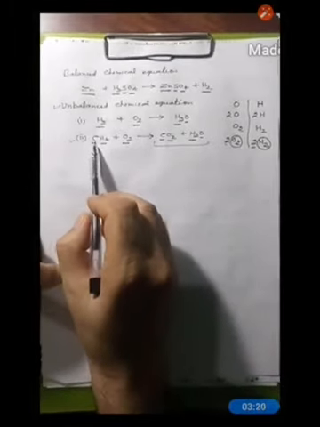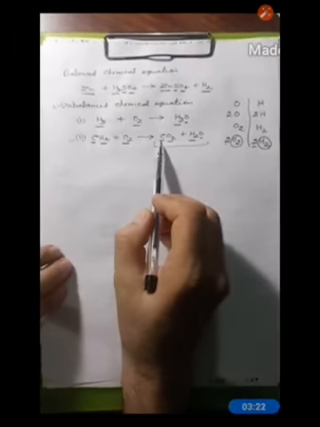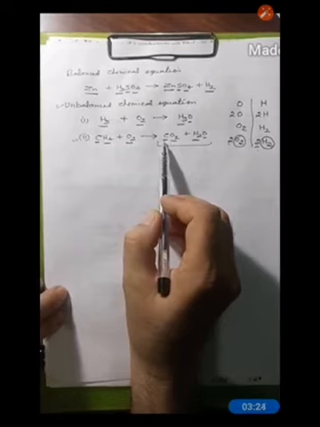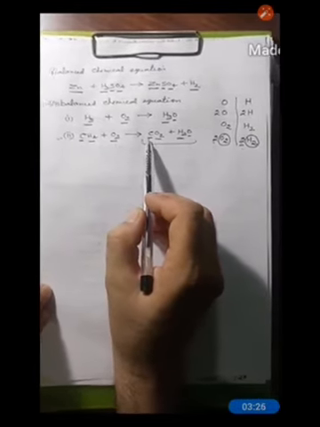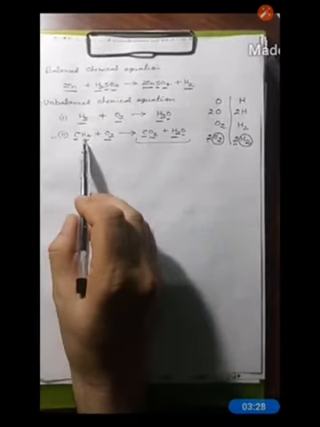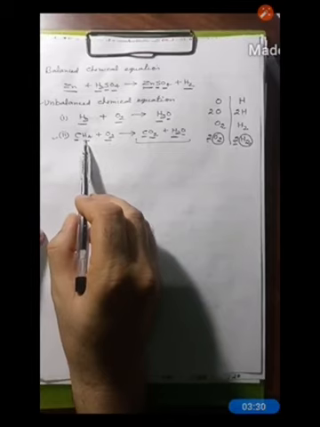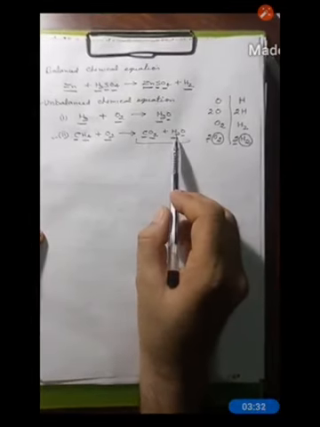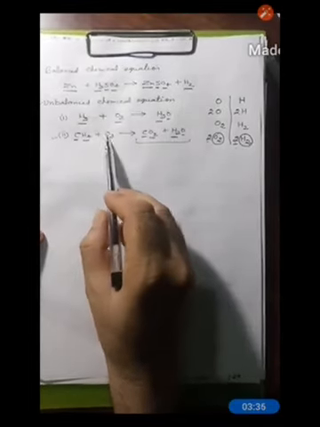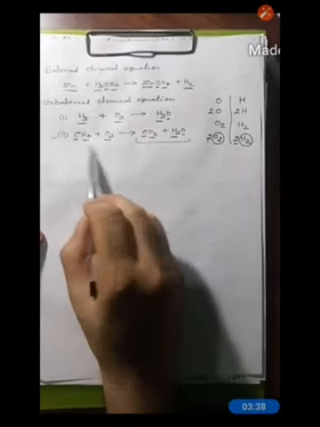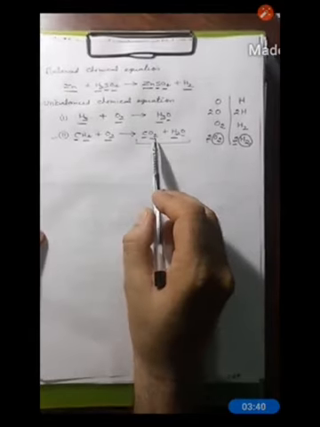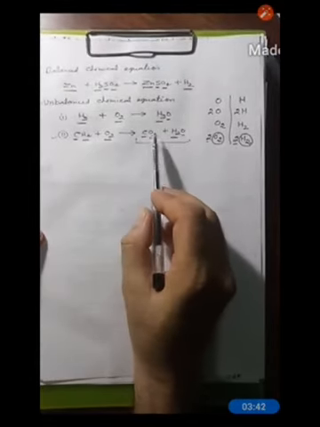See here, carbon, one single atom, and carbon, one single atom. So the number of atoms is the same. And here you see hydrogen, 4 atoms of hydrogen, and here 2 atoms of hydrogen. So these are not the same. Oxygen, 2 atoms of oxygen on the left hand side, and on the right hand side 2 plus 1, it means total 3 atoms.